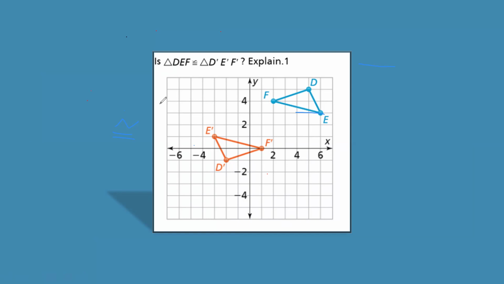Here, between F and D, how many units? 1, 2, 3. So D and D prime, F prime, 1, 2, 3 units, correct. What about E prime, F prime? Also 4. E prime, D prime, 2. So are they congruent?